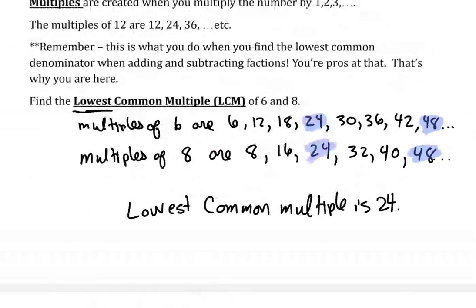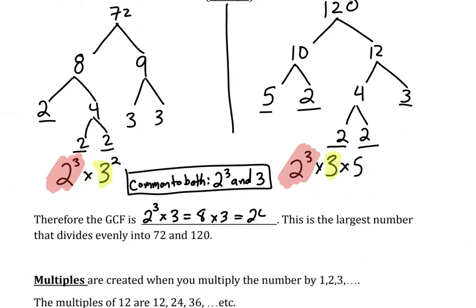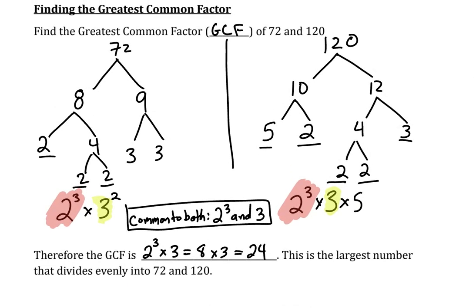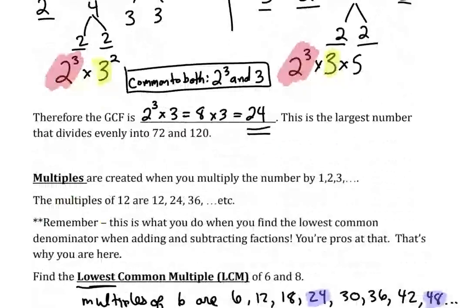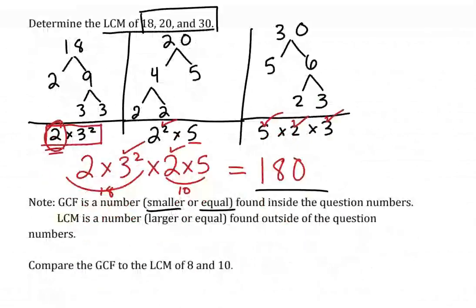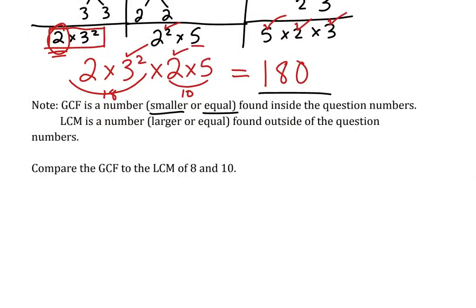Whereas if we're looking for the greatest common factor, oh, that's funny. If we're looking for the greatest common factor between, say, a number like 72 and 120, our number is going to be much smaller. Factors multiply out to a number, and multiples are multiplied by 1, 2, 3, and 4 to produce bigger numbers.